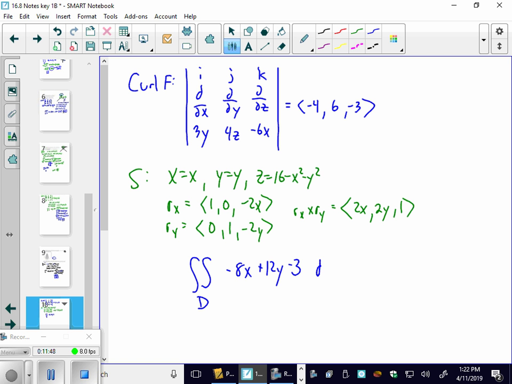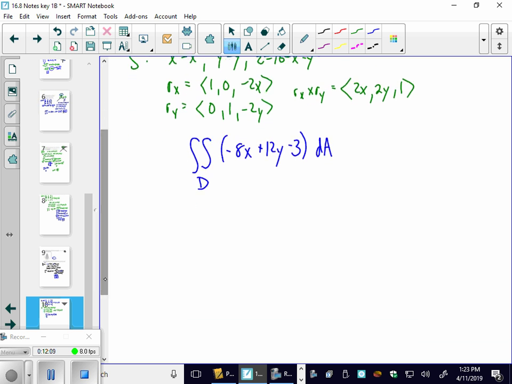You could leave this in terms of x and y. You just have to do a circle, and your bounds are going to have positive and negative square roots and stuff like that in it, or we could change it to polar. I don't know which way you find easier, but for me polar is going to be the easier method. So we're going to go ahead and change this into polar.